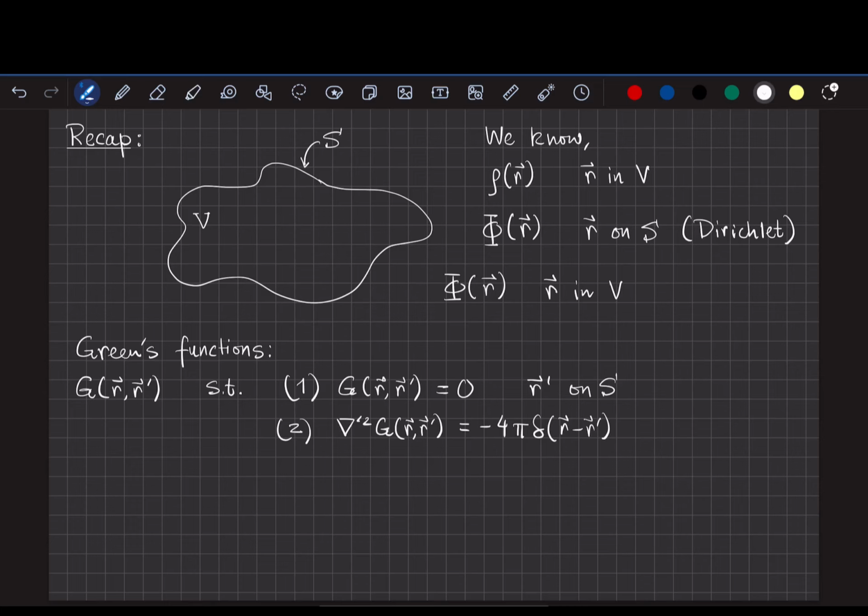If we can find a function g such that it satisfies these two conditions, then we can write the potential in the following way.